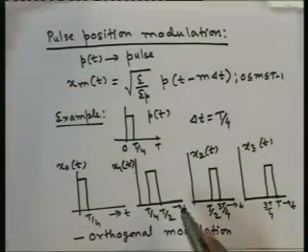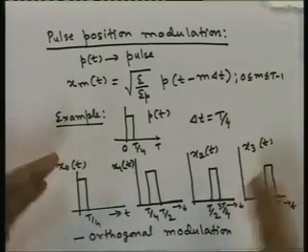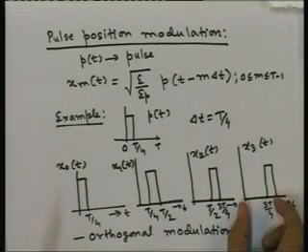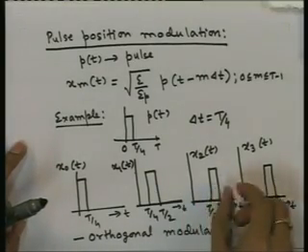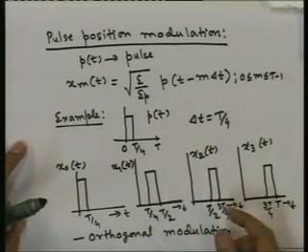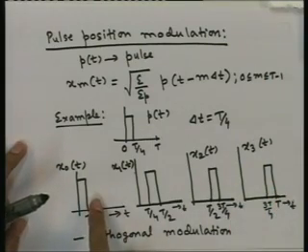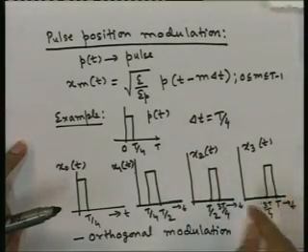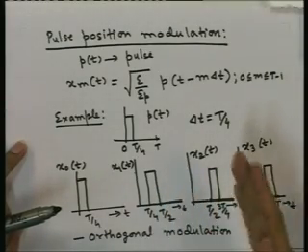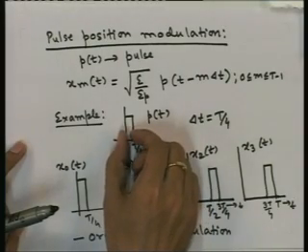Now if we want to increase the number of points in PPM, how do we do it? We want to keep the same symbol interval. So we cannot increase this time so that we put more and more time shifts. We have to keep this T the same, but then if we want to increase capital M to 8 from 4, in this example it is 4, but if you want to have 8, we have to take a narrower pulse.